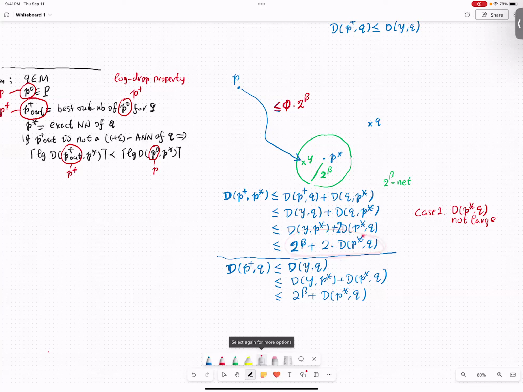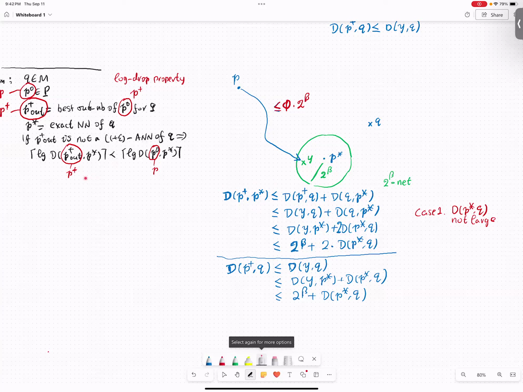And this tells us that this p plus p star will not be very large. So hopefully this will be small enough for us to argue that this inequality holds. If you look at this inequality again, you can see that basically this inequality wants to argue that this term here is not very large. Okay, so this is the first case.